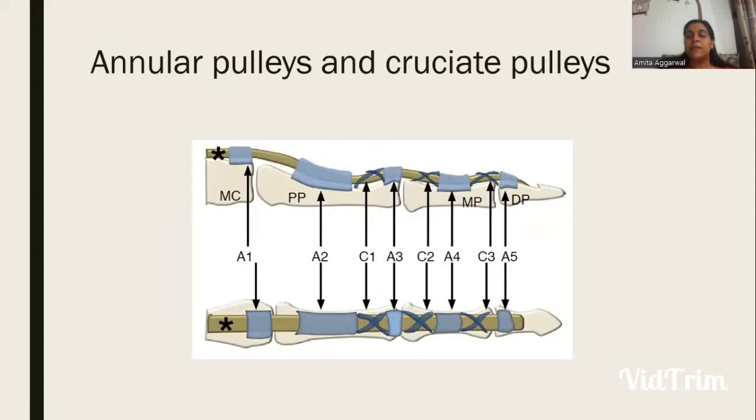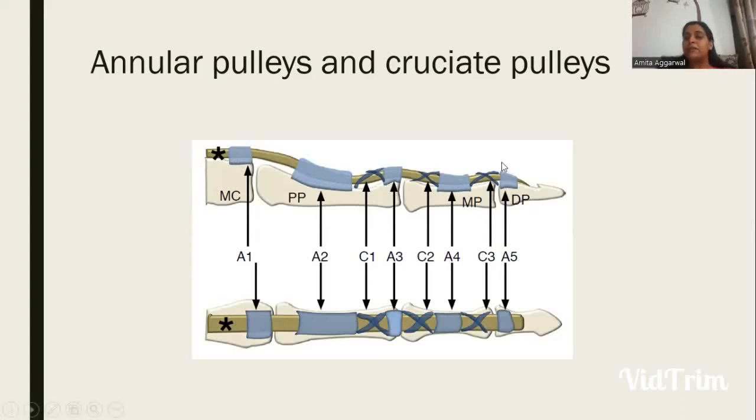So this will be my last slide for the day, and it includes the annular pulleys and the cruciate pulleys. As discussed just now, there are 5 annular pulleys, and we have 3 cruciate pulleys in the fingers specifically. So here the annular pulleys, the A1, are shown in the various regions.